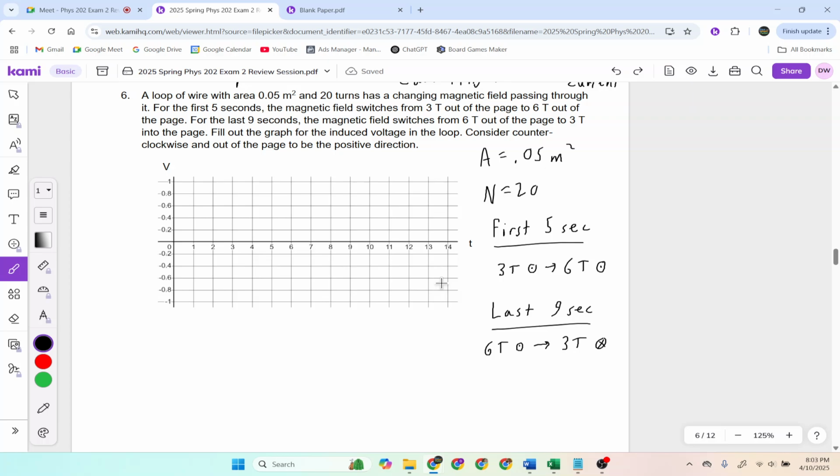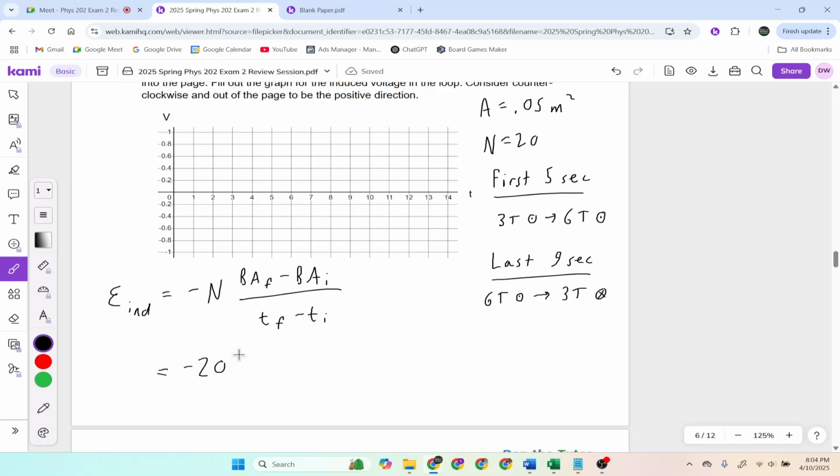Okay, so basically I'm going to use the equation. The equation is E induced equals negative n times B final A minus B initial A, over time final minus time initial. Makes sense. So n is 20. I'm looking at the first 5 seconds. B final is 6 out of the page. Is out of the page positive or negative?